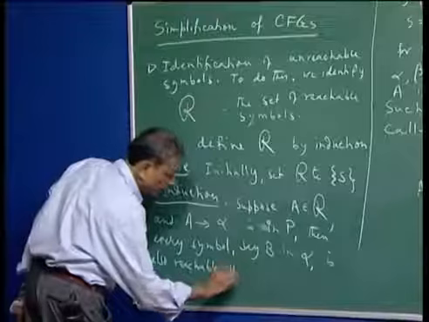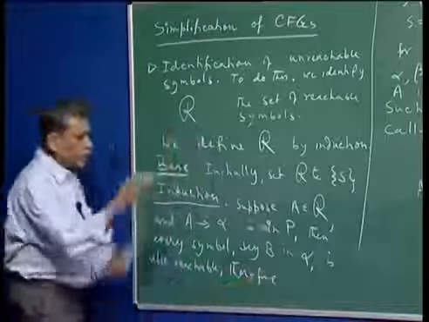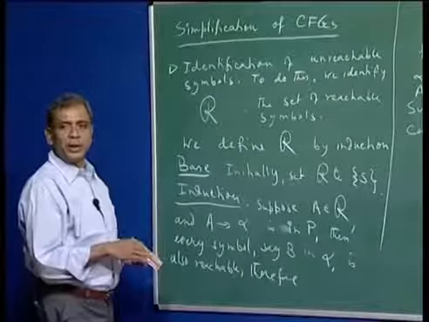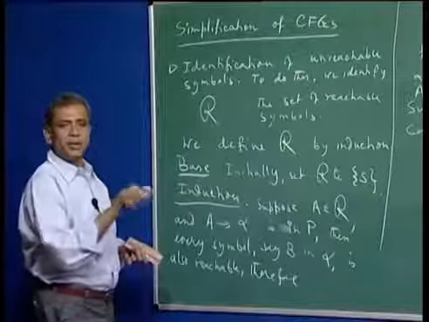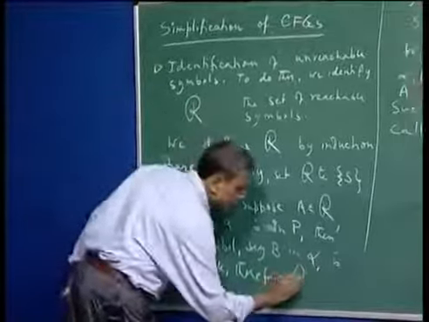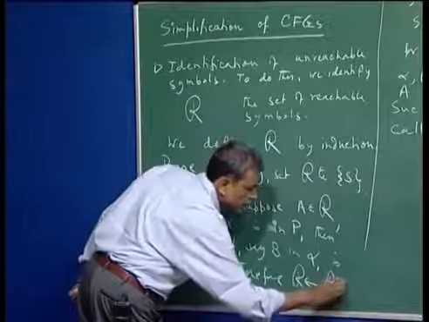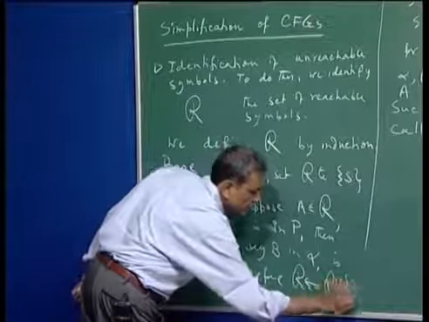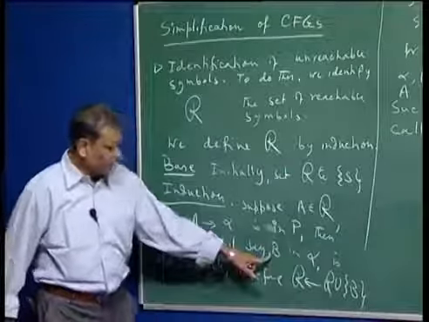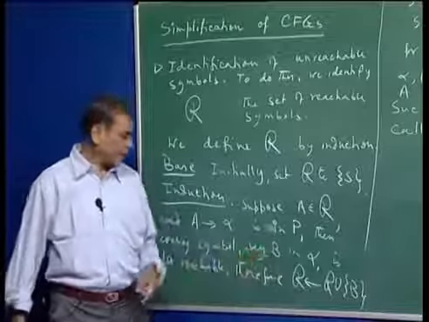Therefore, what we can do, I can update my R with such a symbol if it is already not a member of R. So, we can say that R is set to R union this symbol B. Of course, again I am saying that this B, the way I have written, it is a non-terminal, but the same is true even if it is a terminal.